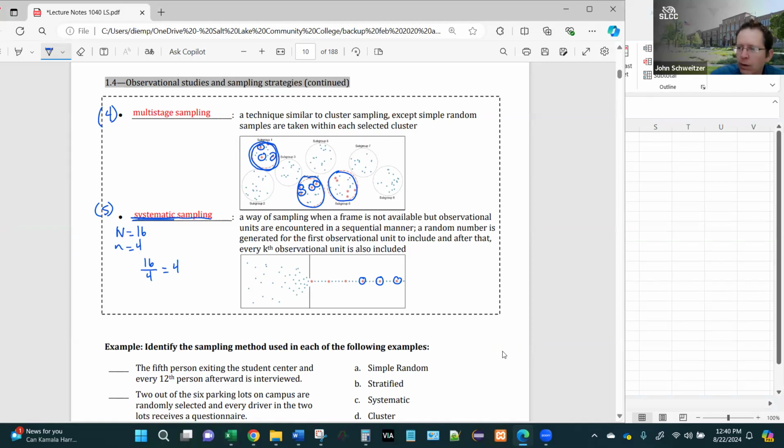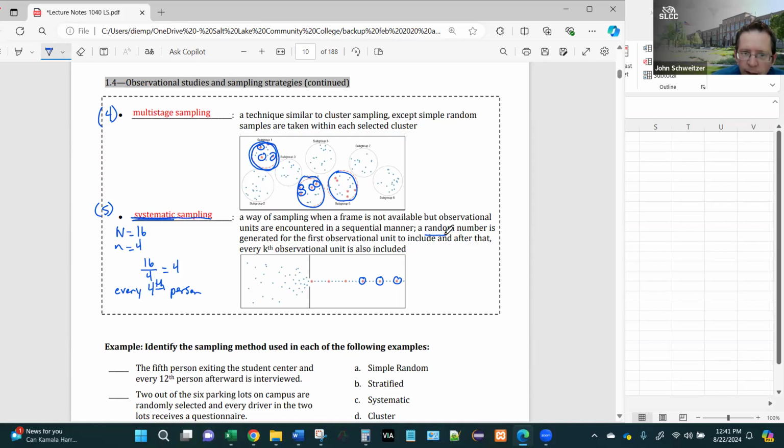So where does the randomness come in? We're going to select every 4th person. We have us all lined up, but where do we start? Well, that's where the randomness comes in.